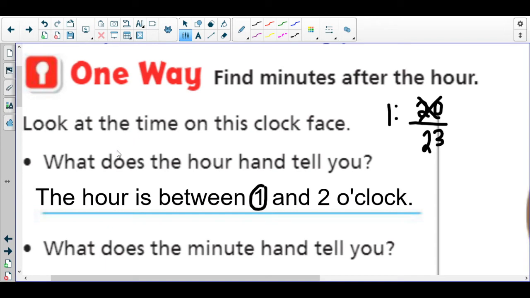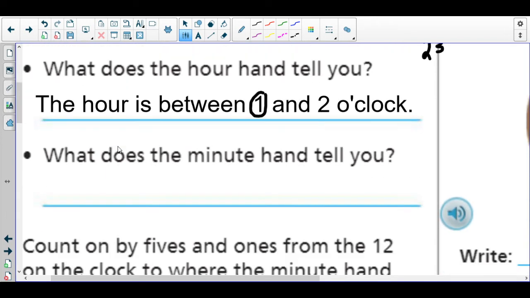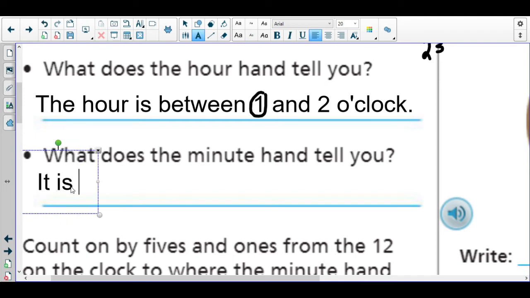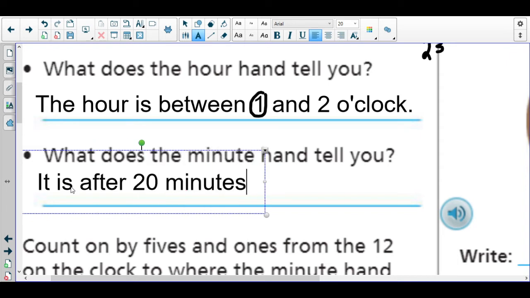Let's go back and we'll go ahead and get this filled in. Okay. It is after 20 minutes.